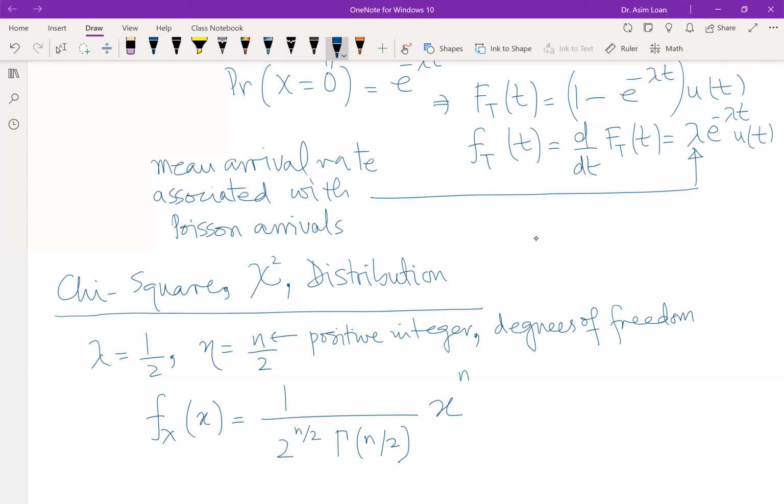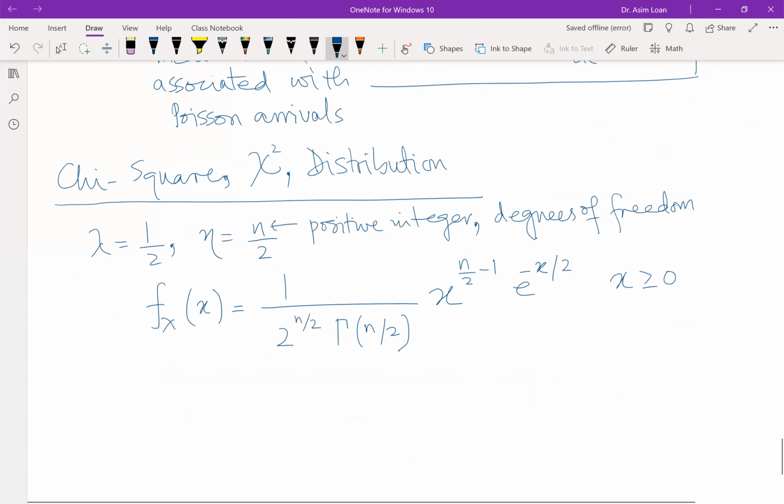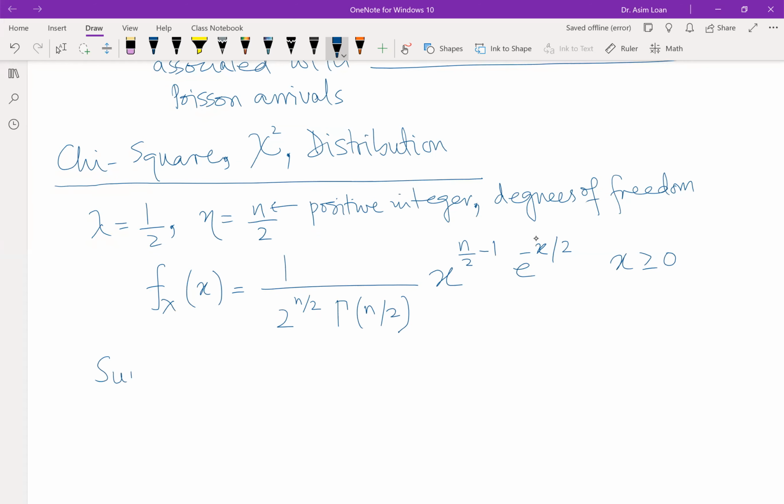x^(n/2 minus 1) e^(minus x by 2). Again, x is positive. This is x, not n of anything else. Okay. So whether you square or take a sum of squares, you'll always get the chi-square one.